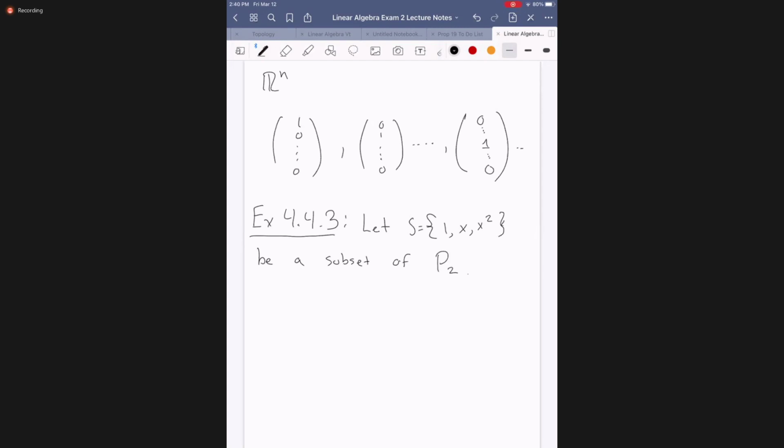If you don't know what this is, remember it's just the set of all polynomials a0 plus a1x plus a2x squared, such that all those are real numbers. In this case, I'm going to consider them in real numbers. Okay, so that's what this means.